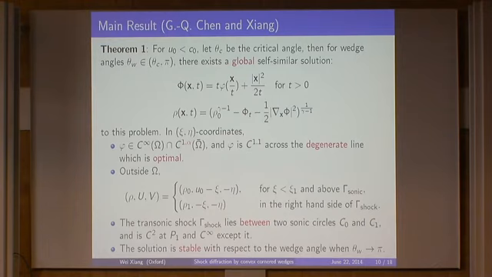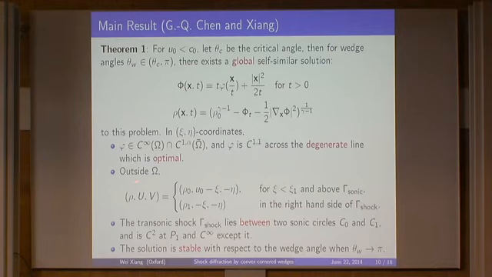If for Riemann data u0 is smaller than c1, where c0 means that at this point it is elliptic with no reflected wave, and if theta_c is a critical angle, which I will introduce in the next slides, then for any wedge angle between the critical angle and pi, there exists a global self-similar solution in the following way. The solutions also have good regularity, C^{1,alpha} near the corner, and outside it is constant.